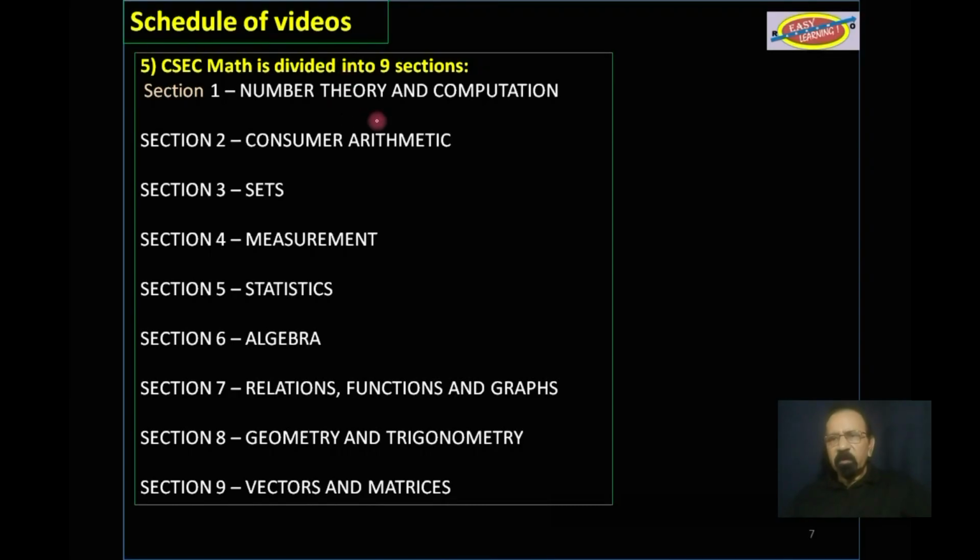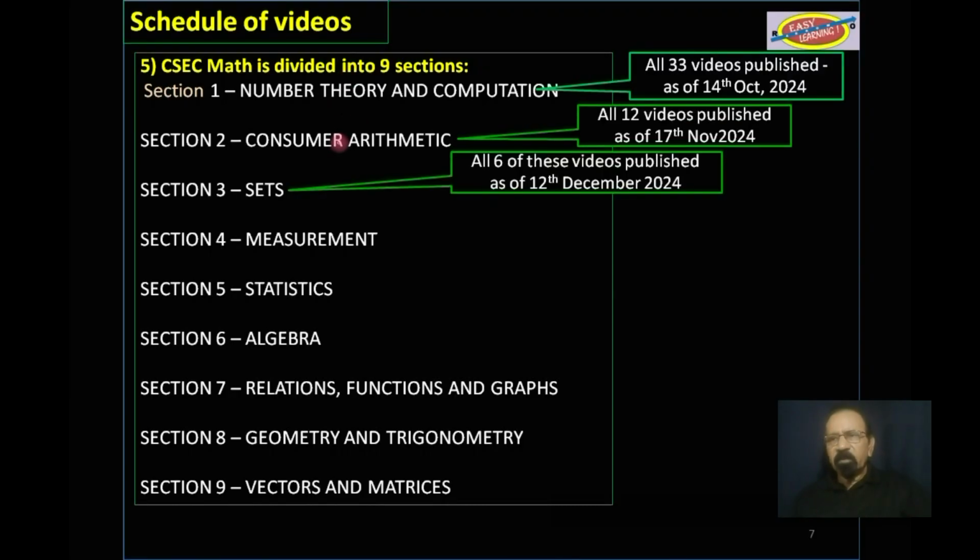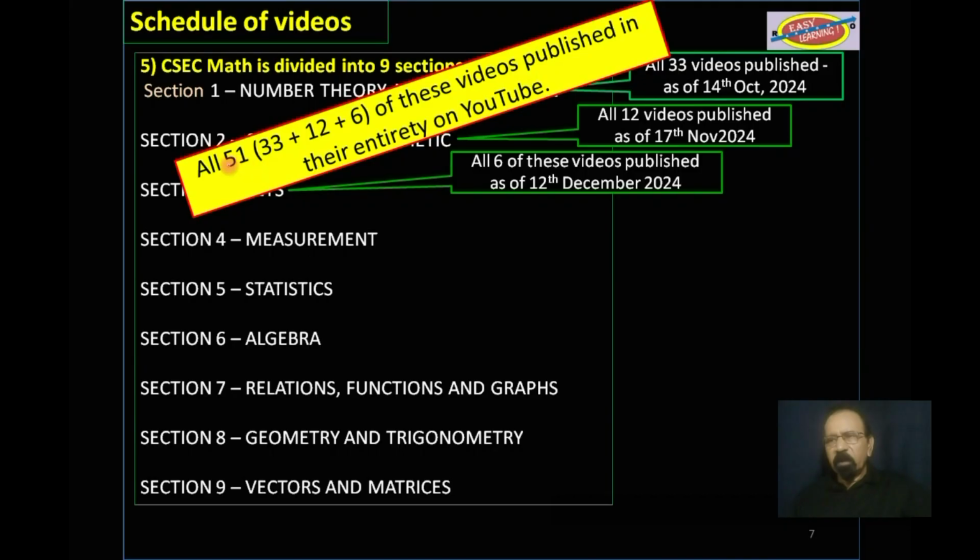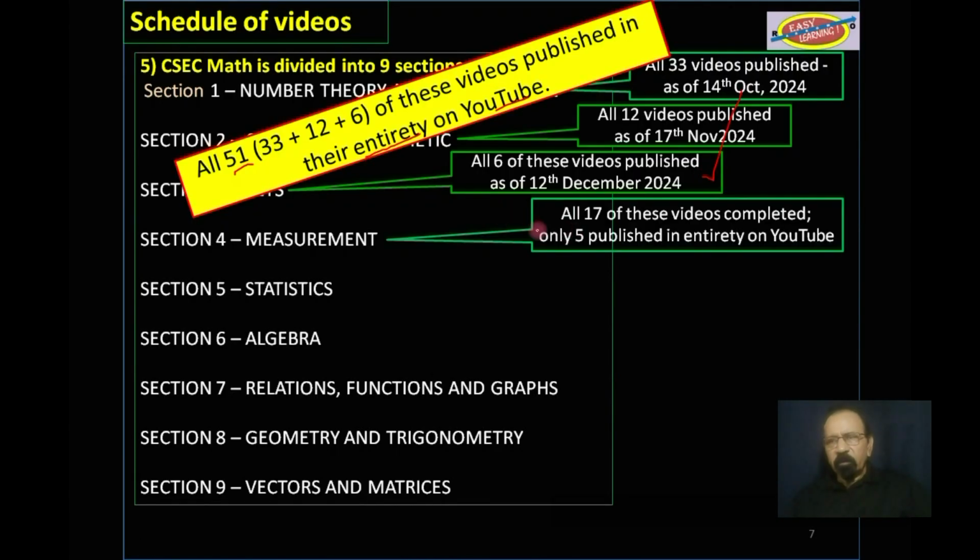Schedule of videos. You already know that these 51 videos have all been published in their entirety on YouTube from sections 1, 2, and 3. Please make good use of them. Section 4, measurement: 5 of these 17 videos have been published on YouTube in their entirety.